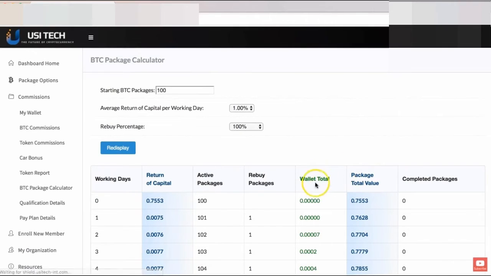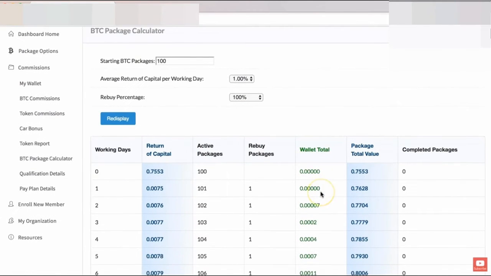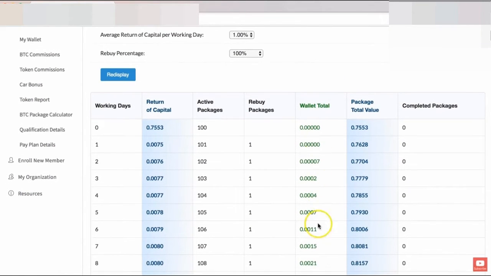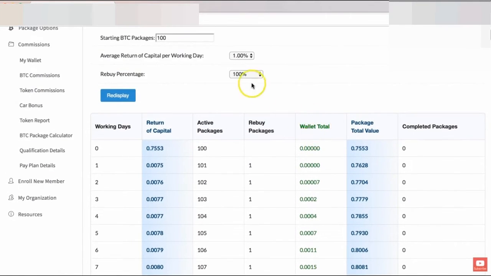And then the wallet total, this is really important because the wallet total goes up and down when we're rebuying packs, because as soon as we have enough money in our wallet to rebuy packages, the system does that for us and compounds our returns. So, for example, you can see here it going up and down as we buy more packages.